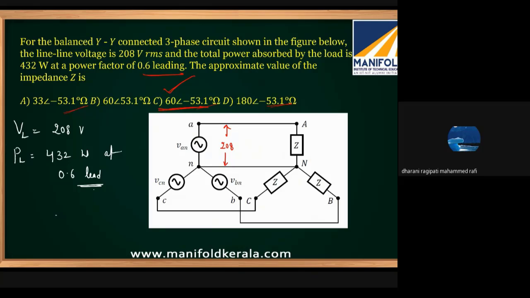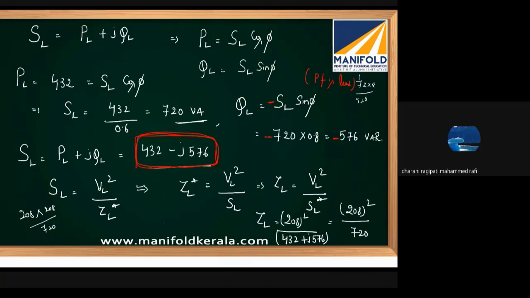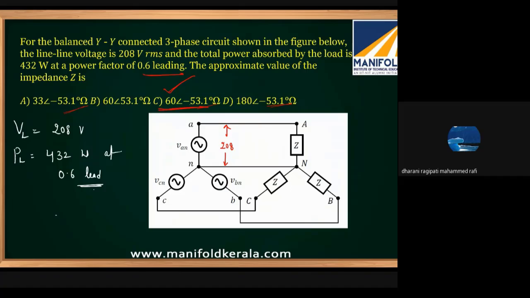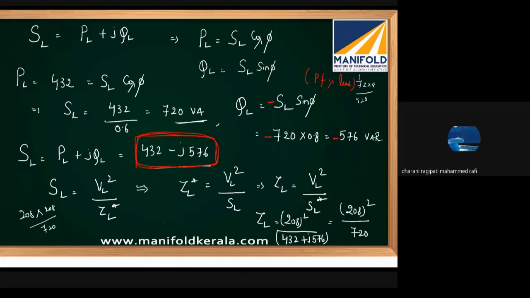You know the real power, so the magnitude of impedance is simply VL square by magnitude of SL. Once you know the magnitude of impedance, you can directly pick the answer as 60 at an angle of minus 53.1 degrees. Understand?